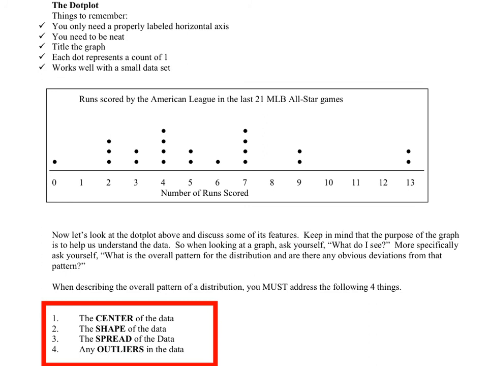Make it a frequency table, and I'm going to put the associated frequencies in there. So one 0, three 2s, two 3s, four 4s, two 5s, one 6, four 7s, two 9s, and two 13s.